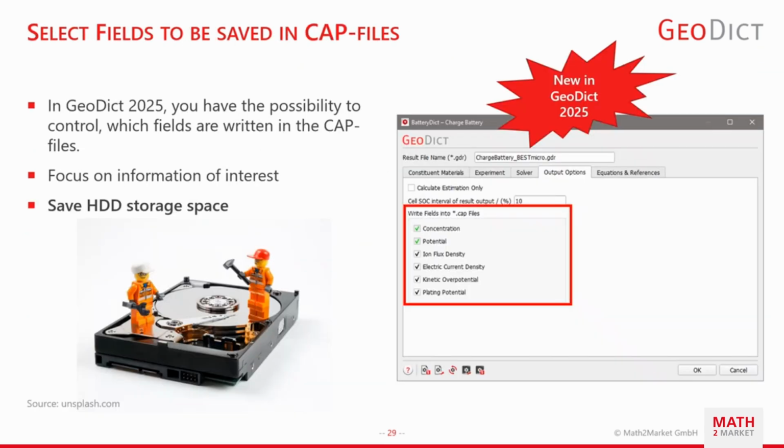Then we have some smaller adjustments. With the new GeoDict 2025, you get the full control what volume fields are written into your result. So you can select here in the output tab the different physical properties, and then you can save hard disk space because you only save what you really need.